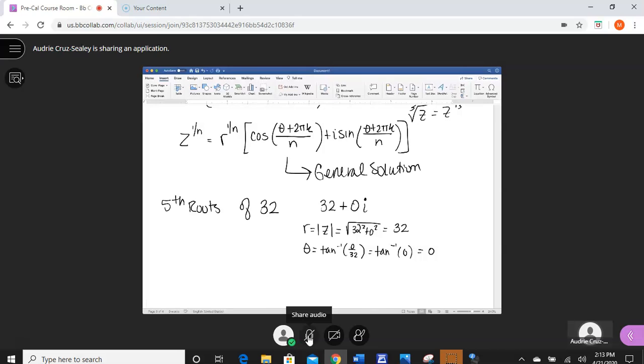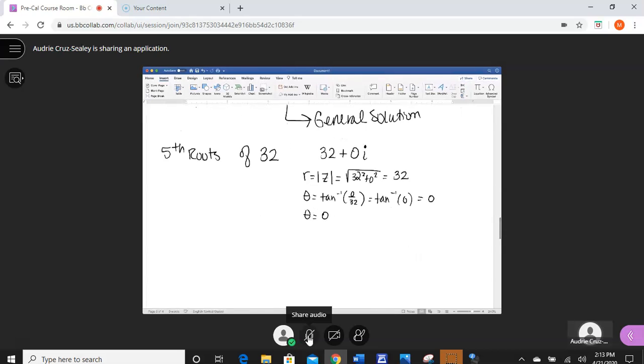So I get theta equals 0. That means my complex number is 32 cosine of 0 plus, I'm stopping. While you're writing, please let me know if there are any questions on where I got any of this.